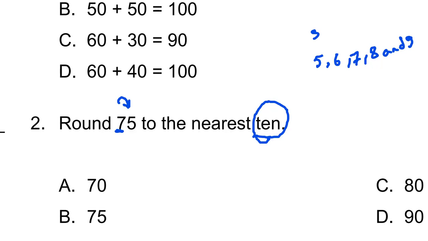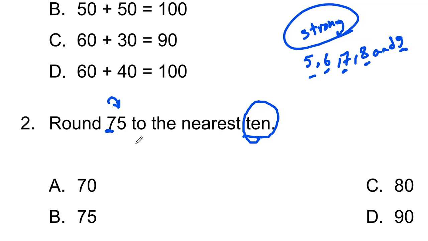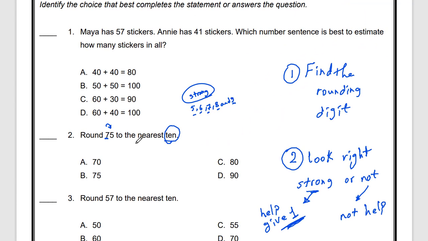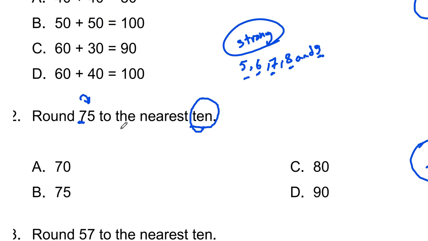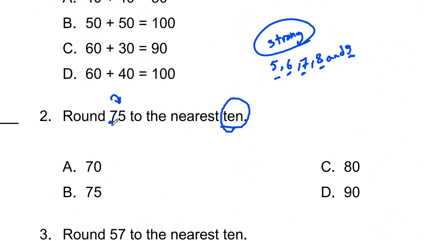These are the strong digits. So in this case, the 5 is strong. So according to the steps that we have, it will help the rounding digit. It will help the 7. It will give 1. So the 7 will go up and it will be 8.